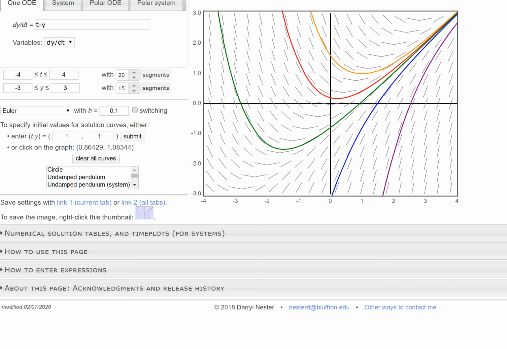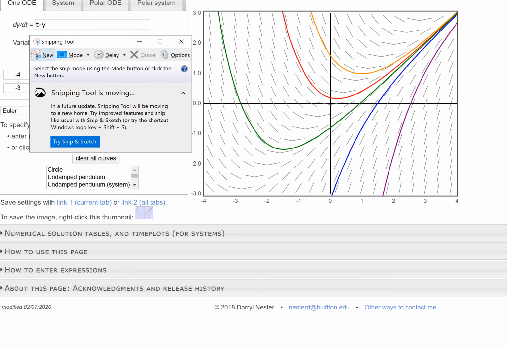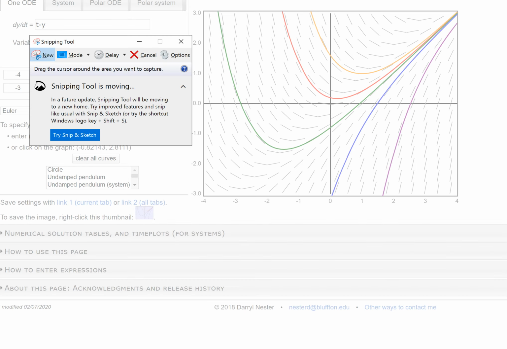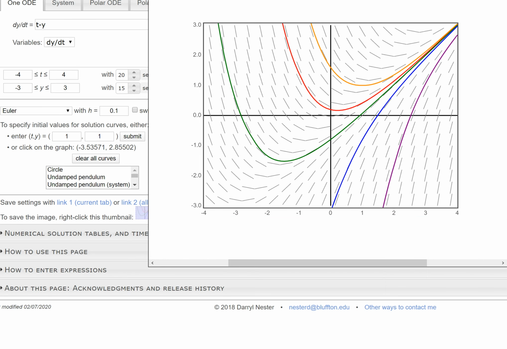Now, in your homework, you're going to be asked to submit various direction fields along with your assignments. And so the easiest way to do this is to probably print your screen or open up a snipping tool where you can just take a snippet of the direction field that I'm asking you for.